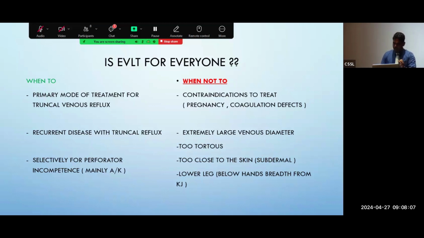If the vein is too tortuous, you cannot advance the laser fiber, so you have to either do surgery, the stab avulsions, or foam injection. If the vein is very close to the skin, which is not separable from the skin by giving tumescent, then there's a risk of heating the skin. And below the handbreadth, as I told you, because of the risk of nerve damage, we don't do ablation.